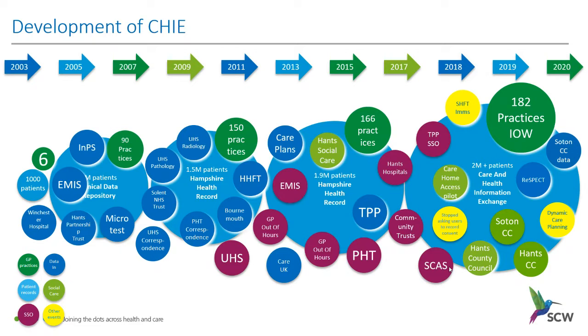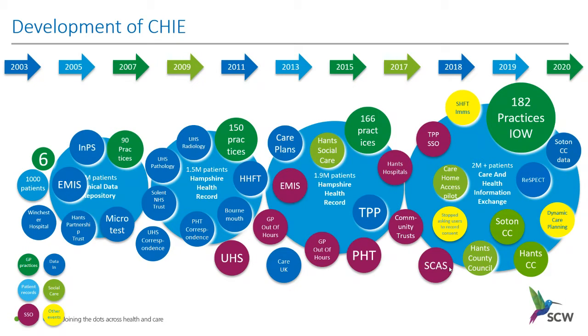But as well as just dropping the Hampshire bit of our name, that was also an indication that we had ambitions to be more than just a record, and this is an exchange of information between professionals. And we've also expanded out from health, and we now cover social care information as well as care homes.